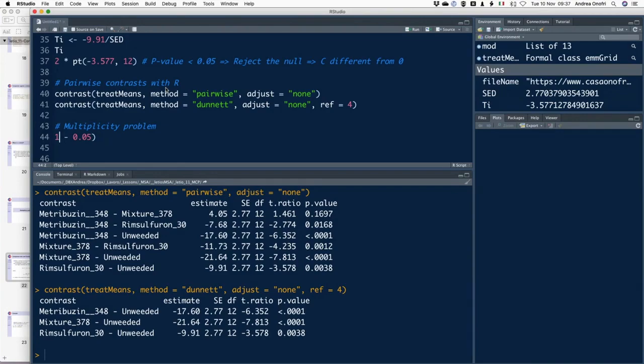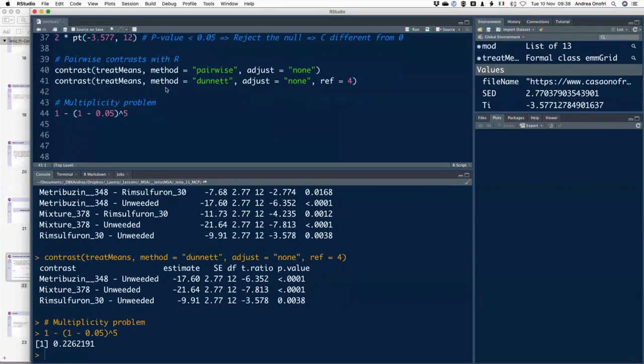And with 6 contrasts, the probability of taking at least one wrong decision is this one. That is 23%. So you see that we take decisions at the 5% error probability level, but indeed the probability that we commit at least one mistake is much higher than 5%. It is 23%. So not much higher, but higher.